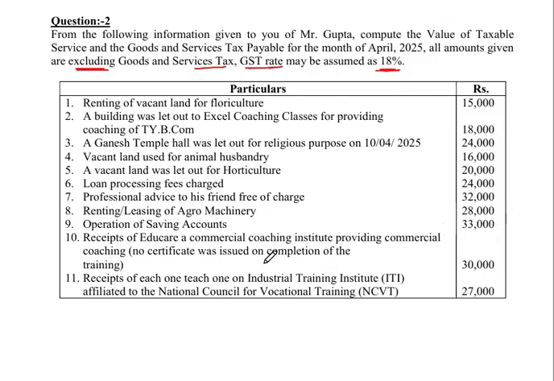No certificate was issued on completion of the training, 30,000. And 11th one, receipts of Eachone Tech, an Industrial Training Institute, that is ITI, affiliated to the National Council for Vocational Training, NCVT in short form. Amount is 27,000. Okay, so this is the question. Let us check the solution.